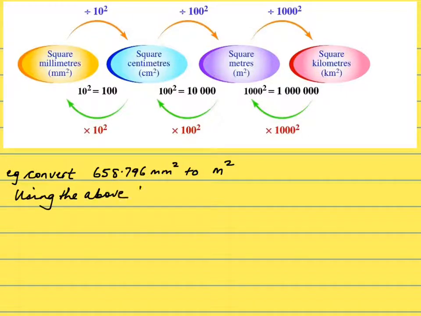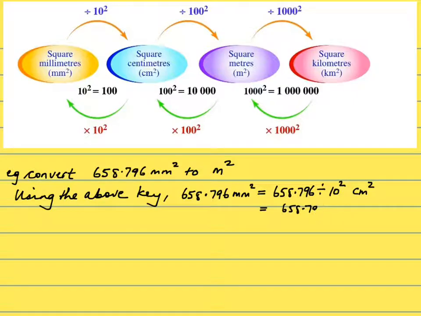So let's do that. We'll use the above key, and we've got 658.796, and we're going to divide that by 10 squared to get the first spot over, which is square centimetres. And then we've got to take that whole thing and divide it by another 100 squared to get to square metres.